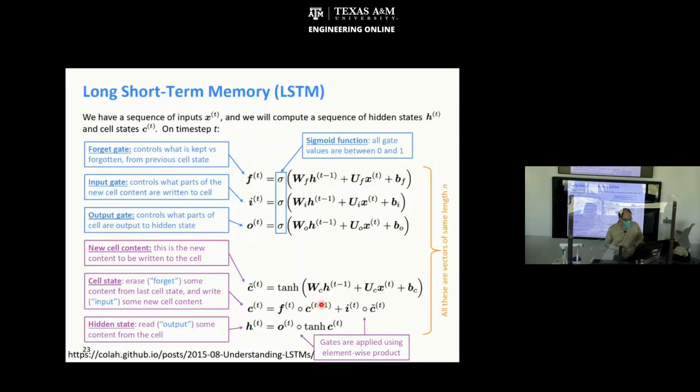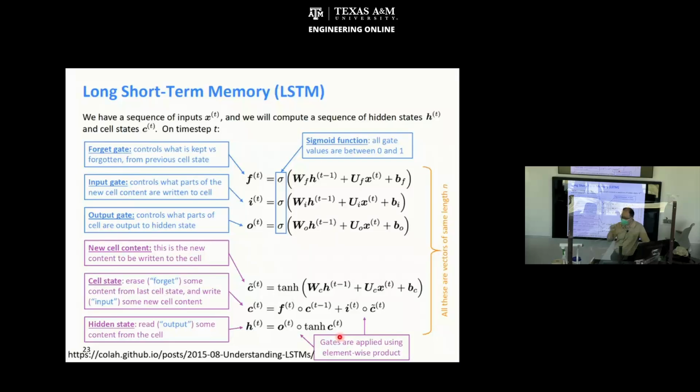In the meantime, the input gate writes some new content to the cell. And then the hidden state uses an output gate on top of the hyperbolic tangent of this cell state at time t. These circles, as I said, this gating mechanism, are through the element-wise product. Any questions so far?